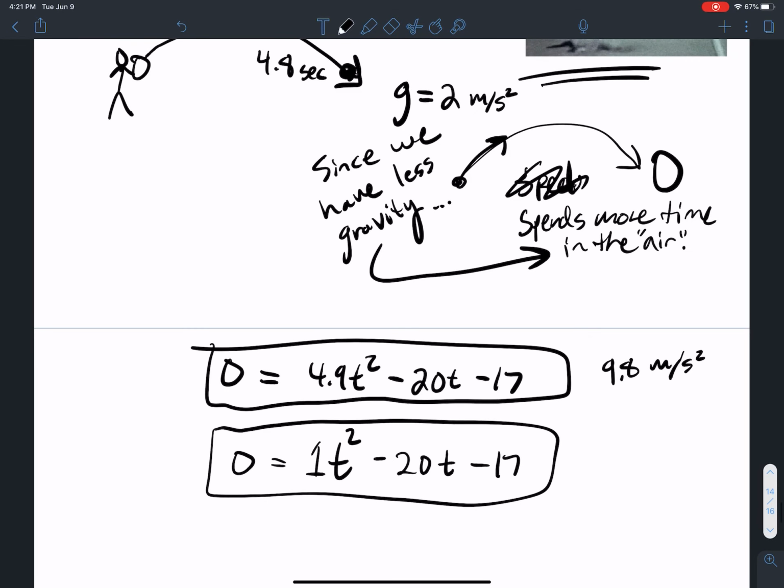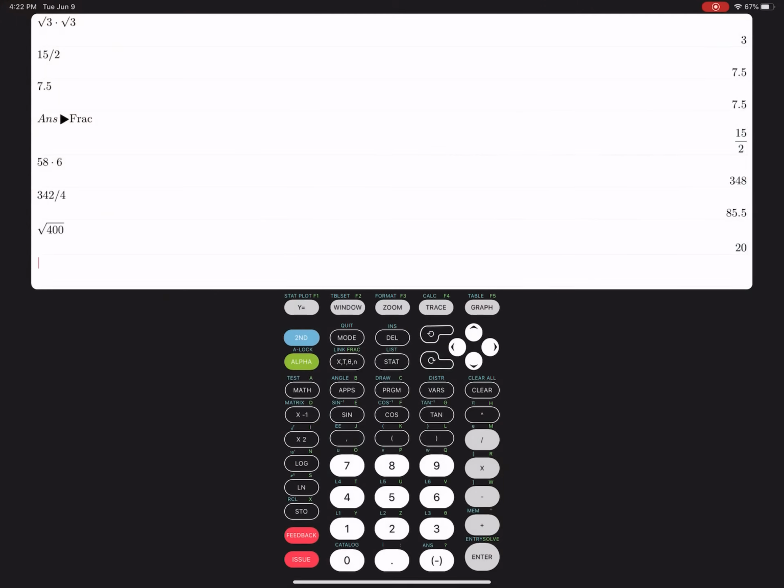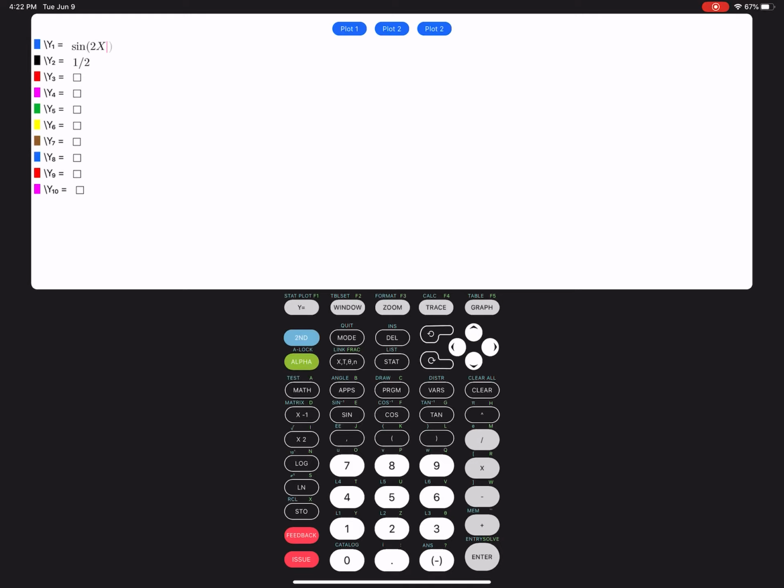So if we look at this, let's graph these and see what we get. I'm going to graph both of these. So I've got negative 4.9 x squared plus 20x plus 17.